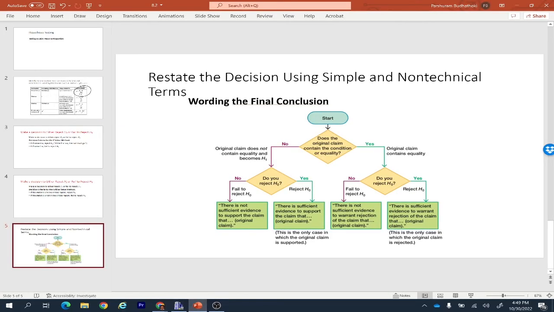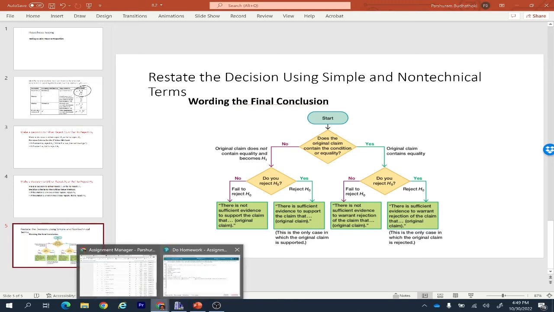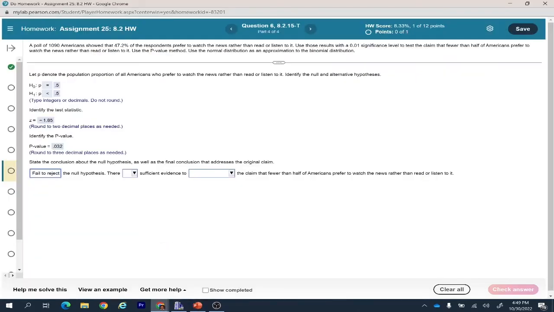Start. Does the original claim contain the condition of equality? Is this a condition of equality? Now if you go here, the claim is that the proportion is less than 0.5, and the null hypothesis is 0.5. If you read it here, what is the claim? Use those results with the 0.01 significance level to test the claim that fewer than half of Americans prefer to watch.